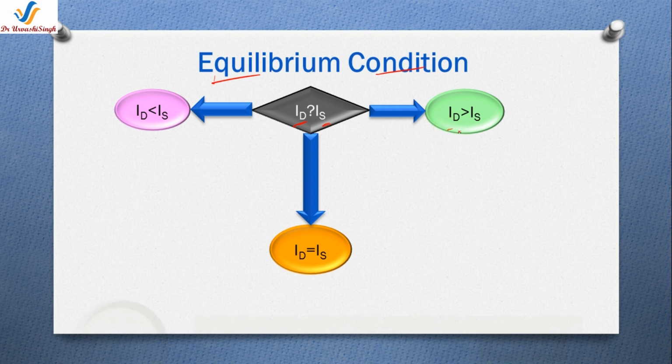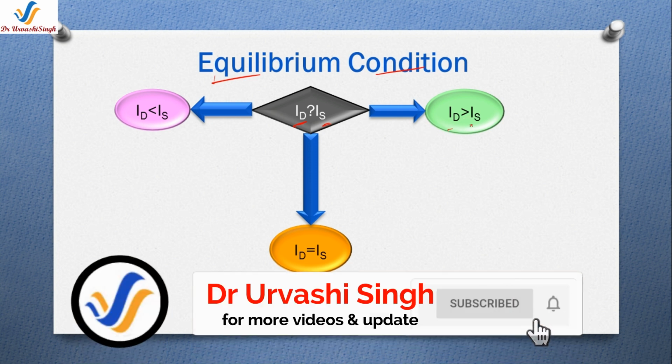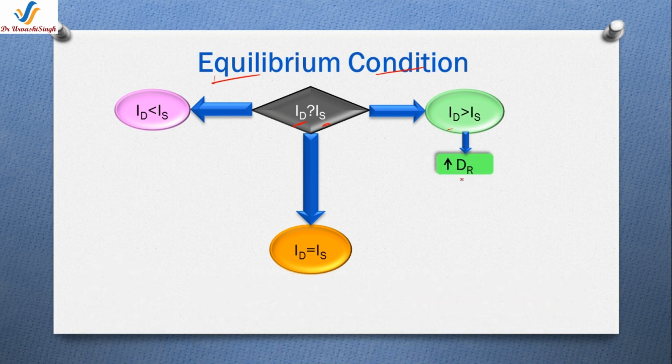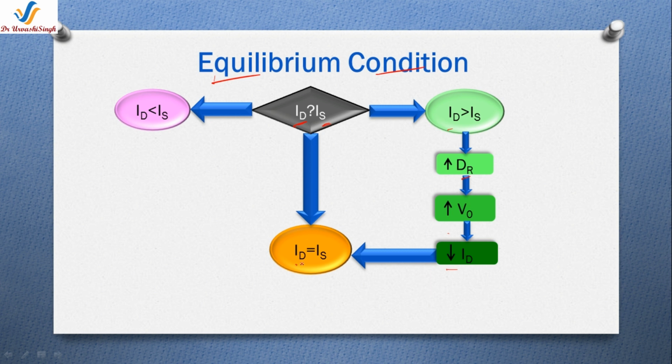Now taking the first case, if the diffusion current is greater than the drift current, it means that more and more majority carriers are crossing the junction, so it will widen the depletion region, and if the depletion region is widened, the barrier voltage will also increase. And you have already seen that if the barrier voltage is increasing, then the diffusion current will reduce, and it keeps on decreasing until the equilibrium condition is achieved.